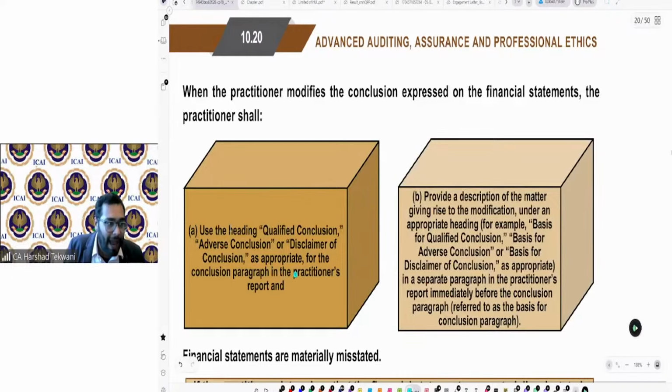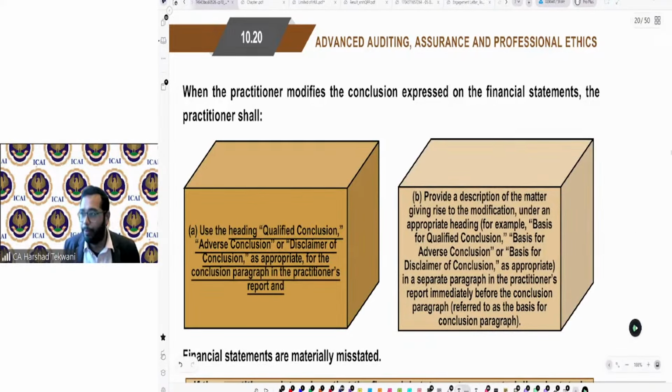First, use the heading of qualified conclusion, adverse conclusion, or disclaimer of conclusion as appropriate in the report. Okay.